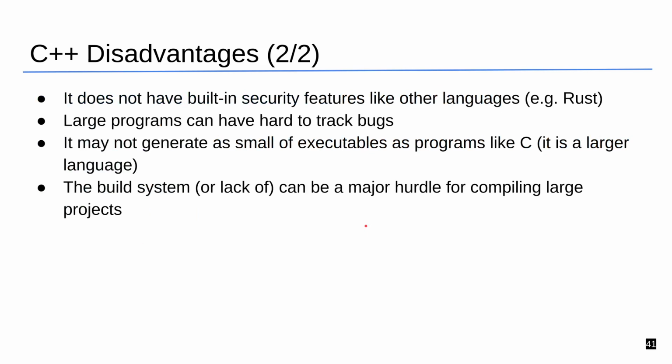So it's not a perfect language. It doesn't have built-in security features like other languages. Large programs can be hard to track bugs in, but they are trackable, and we have tools for that.